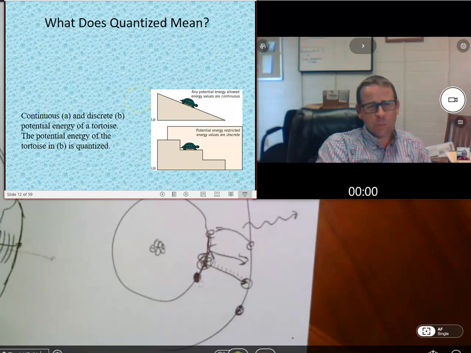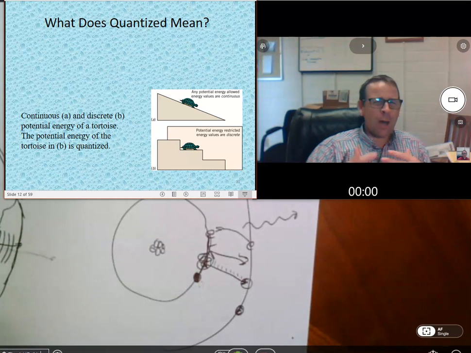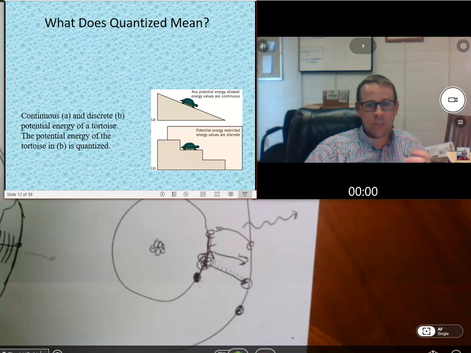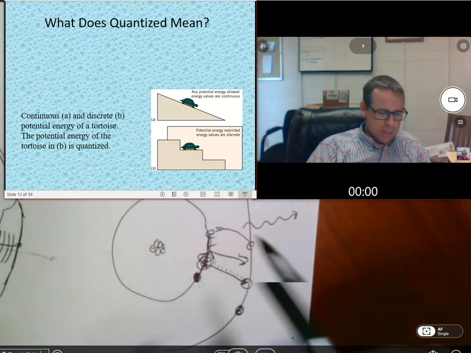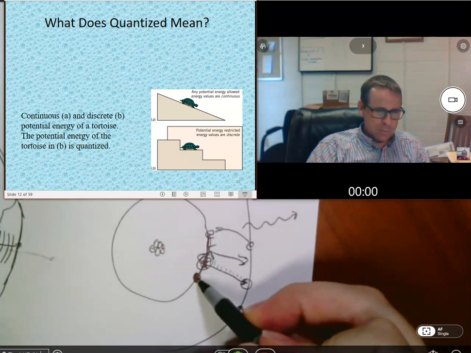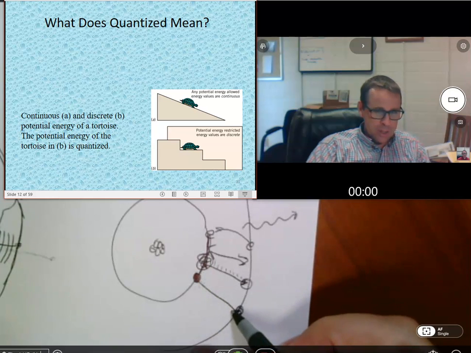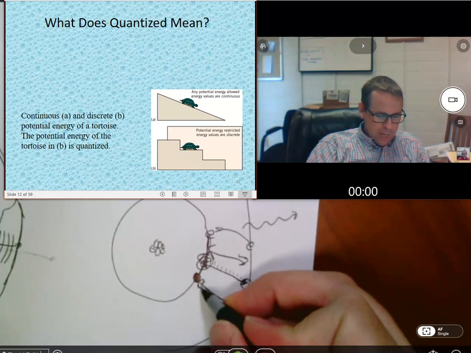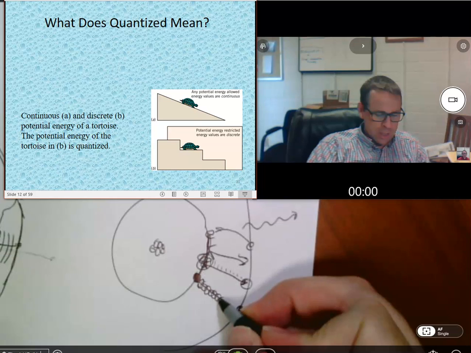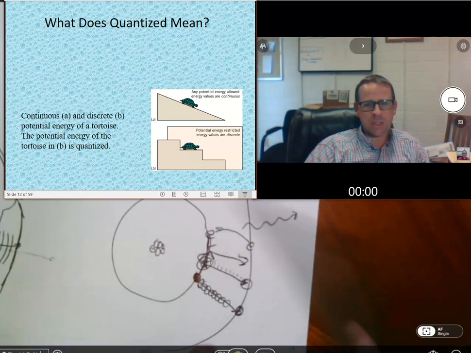So let's talk about the word quantized. The opposite of quantized would be continuous. The continuous idea is that you have a tennis ball, and as it moves to here, it's going to reside in every single possible location as it's moved from one spot to the other.